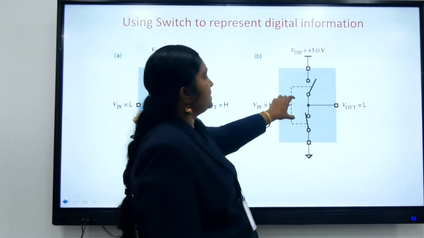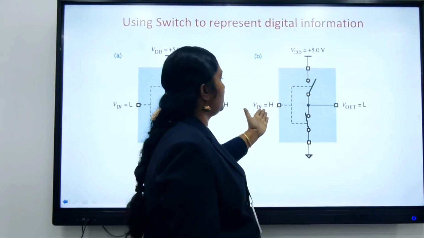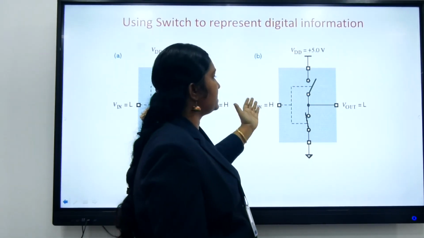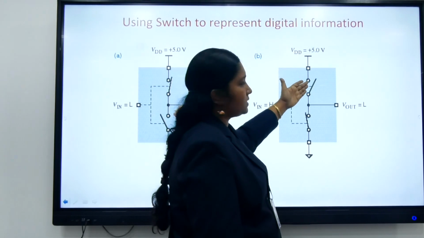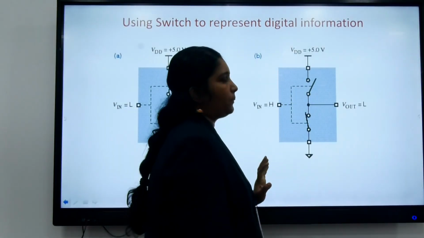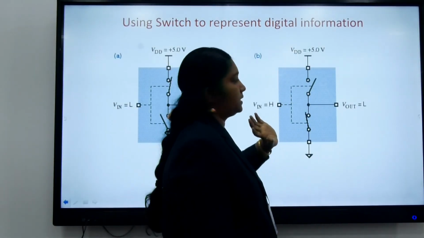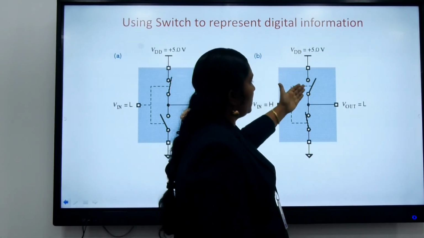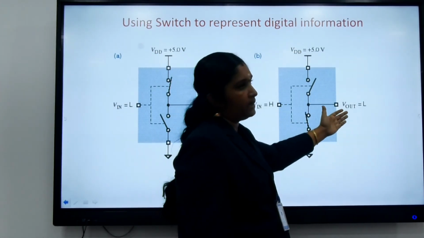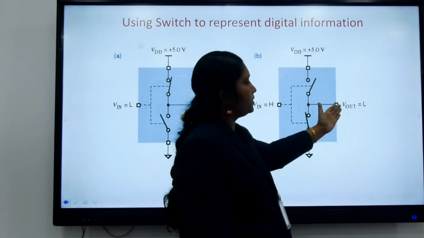But when a high level voltage is given as input, these switches are kept open and these switches are kept closed. So this voltage can't connect to the output, but the ground level is connected to the output.